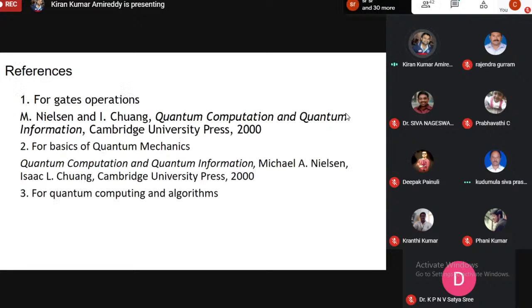Okay, here is the quantum computing part. I will give the updated version to the organizer, and they will circulate that PPT. But you can see this book, Quantum Computation and Quantum Information, where this is very neatly explained.